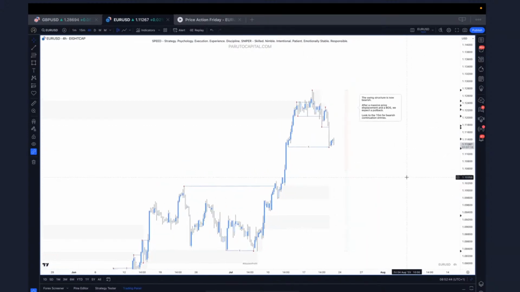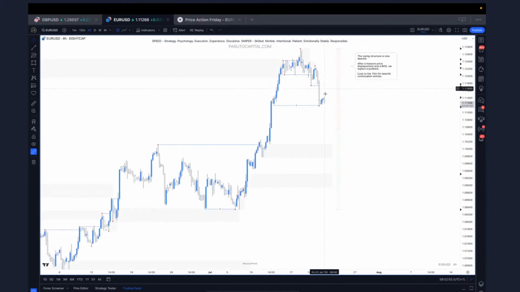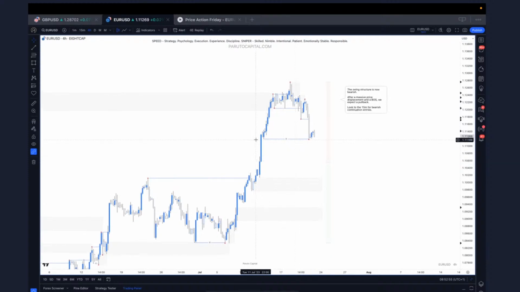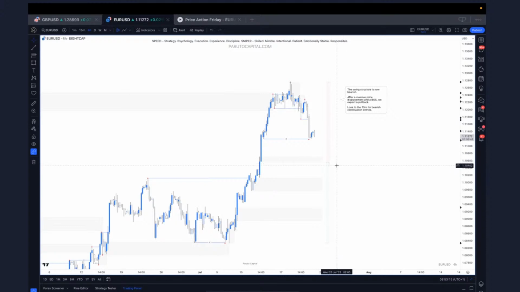These are the main POIs that I'm looking for price to react from, if at all, or we might even get an entire reversal. But this clear bullish run here provides a great opportunity for price to push down. Of course, price may also react to this buy to sell week, so that's a possible area for price to react to.